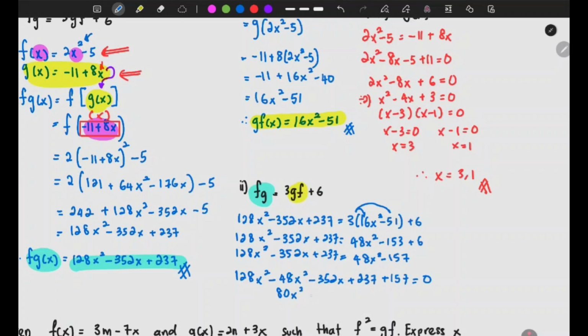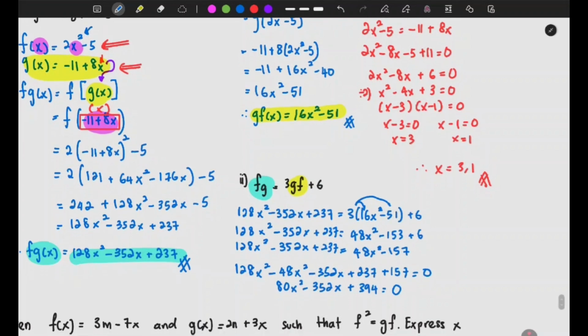And now solve using the quadratic formula. 80, minus 352, 394, key into the calculator. You get x is 11 over 5, which is 2.2. 11 over 5, and another one, also 11 over 5.